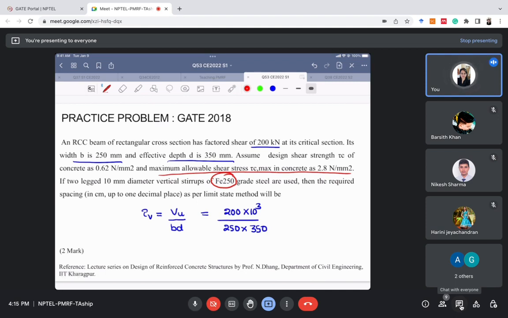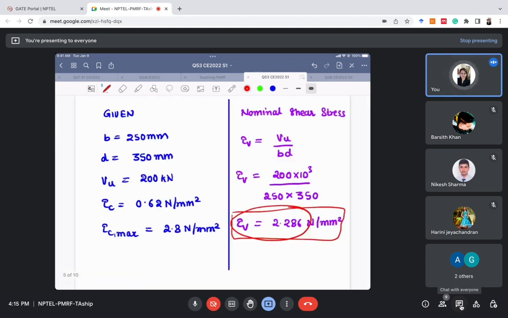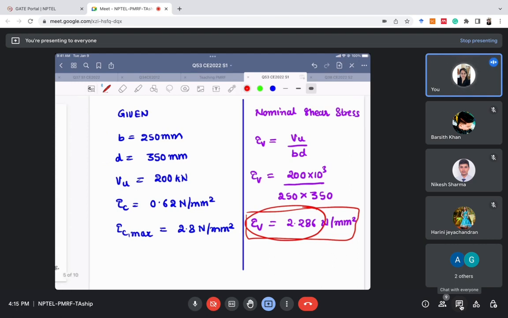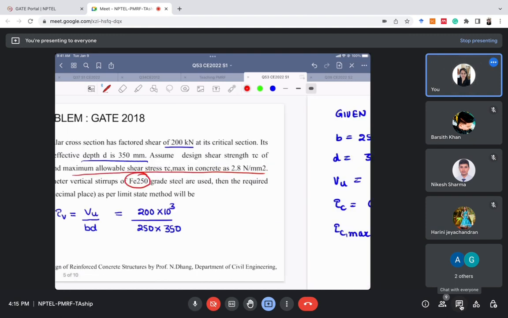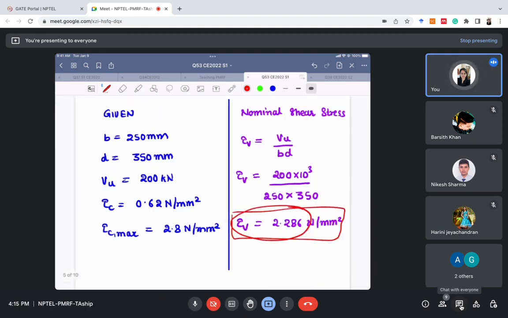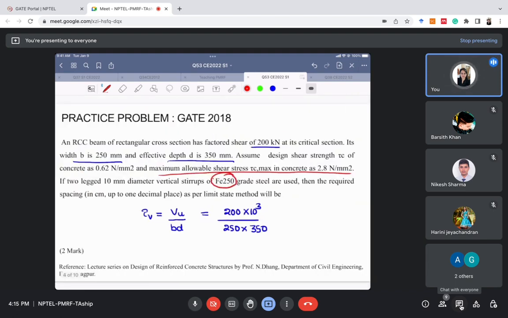Here the value of tau v we are getting is 2.286 Newton per mm square, and tau c max is given as 2.8 Newton per mm square. So it is fine. If the maximum allowable shear stress is more than our tau v value, then it is fine. If we had got tau v more than 2.8 Newton per mm square, then we would have to redesign the section.